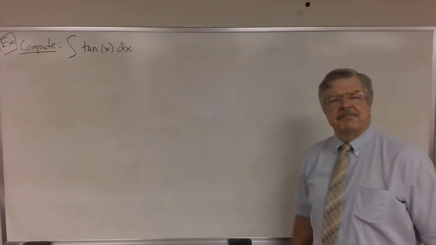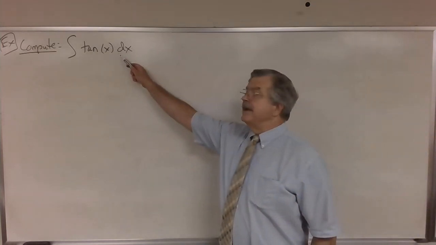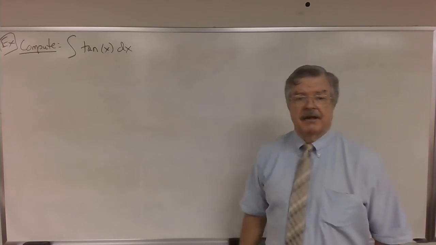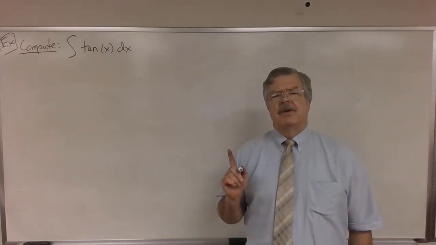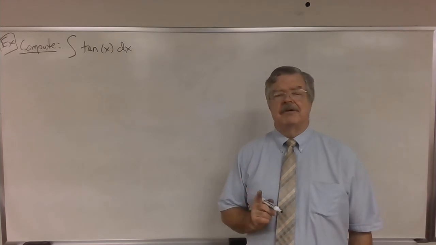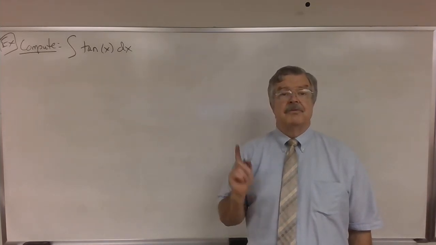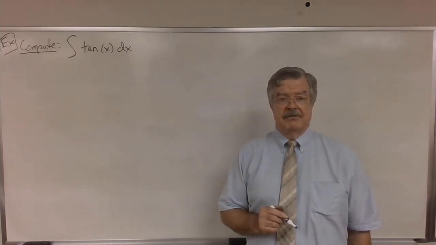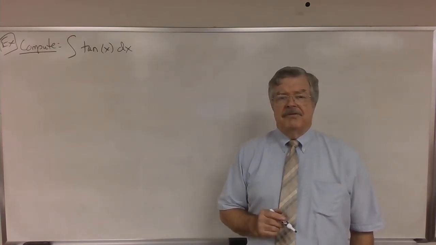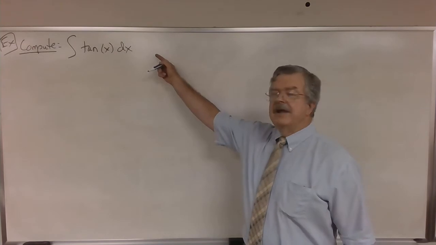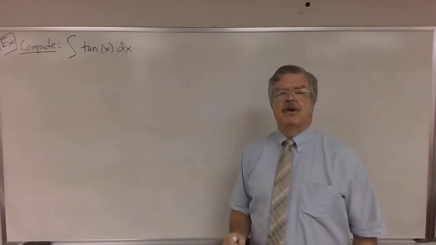Here's a good one. Compute the antiderivative of tangent of x. You know, we have yet to encounter a function whose derivative is the tangent of x. So I guess the best thing to do is just to rewrite this in terms of things we know more about.